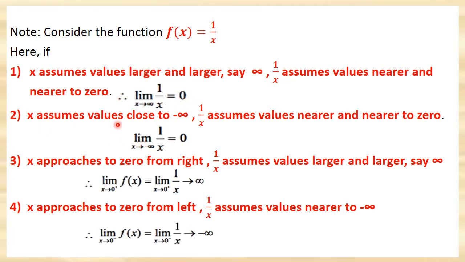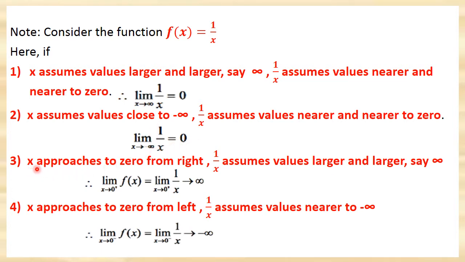Second, x assumes values close to minus infinity, taking smaller and smaller values. Then 1/x assumes values nearer and nearer to 0, that is towards the left. So lim x→-∞ 1/x = 0 again.